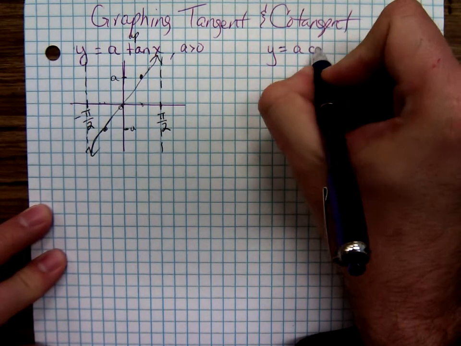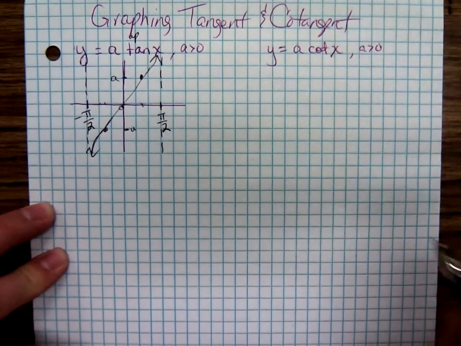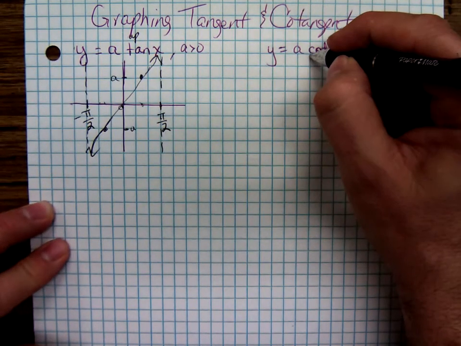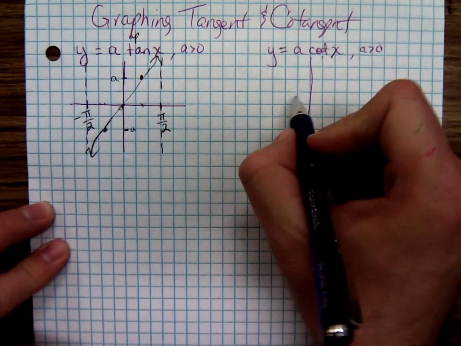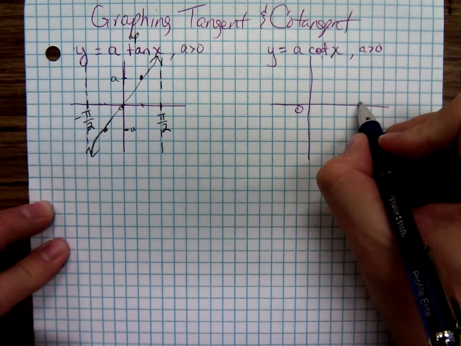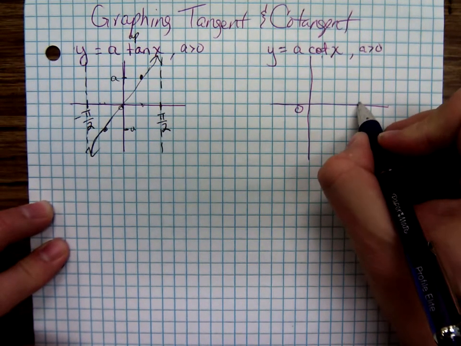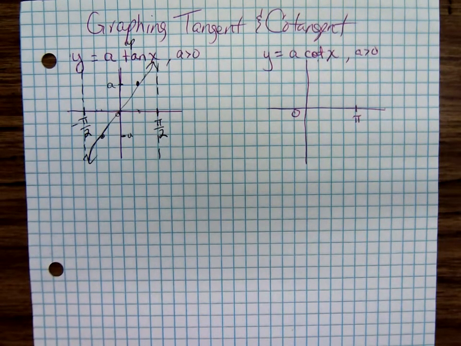Okay? For cotangent, a cotangent x, and again, this is where a is some positive number. Asymptotes for this, 0 and pi. Why? Well, the cotangent of pi, let's say, is undefined.